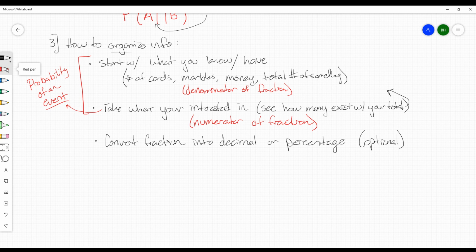Now, this is part of organizing the information. You need to get to the point where you're ready to start answering some questions. Once you have that figured out, repeat this process and find the probability of all the other events that are presented.